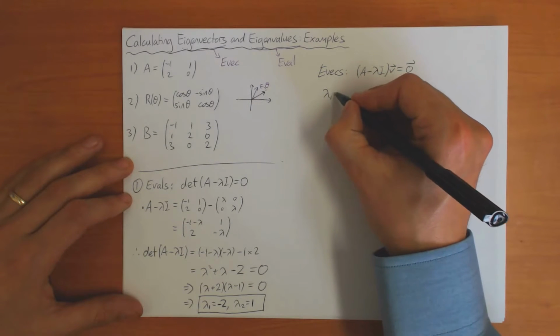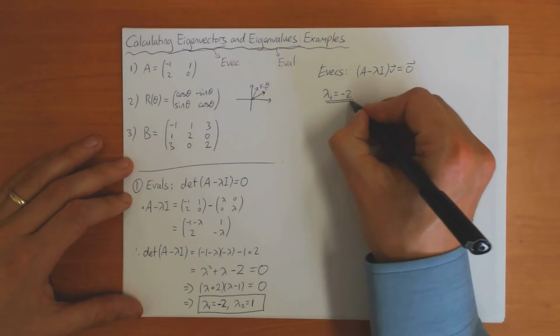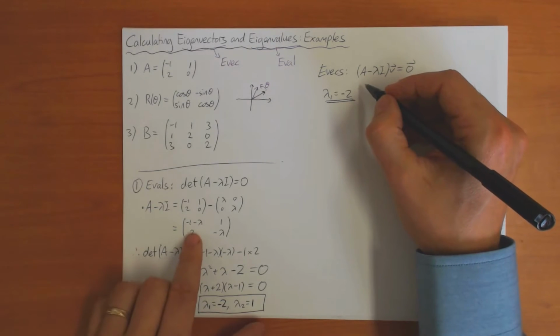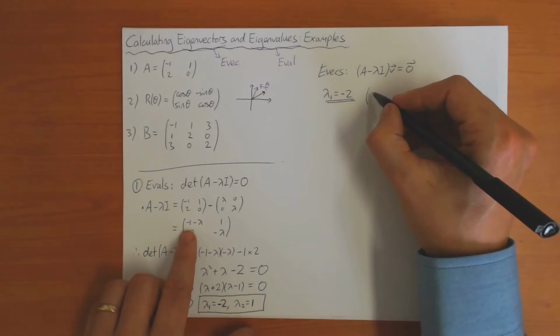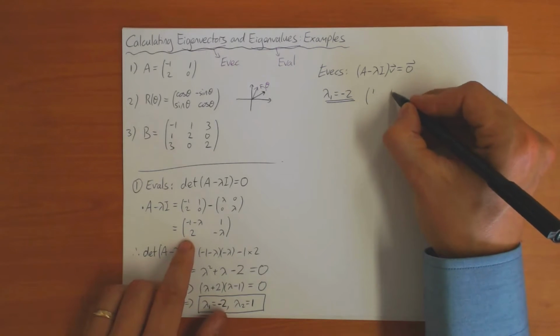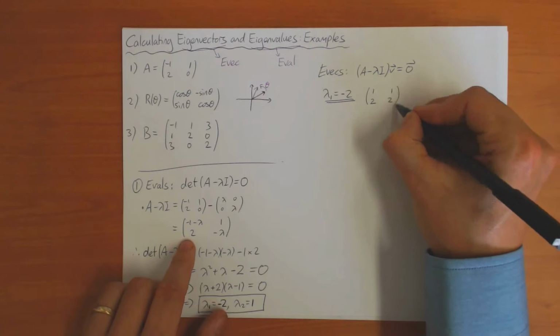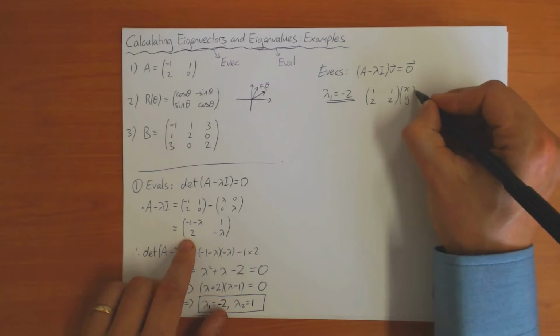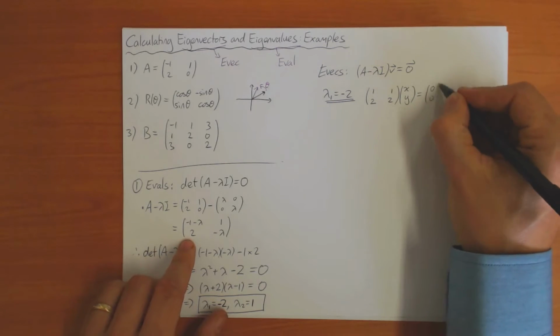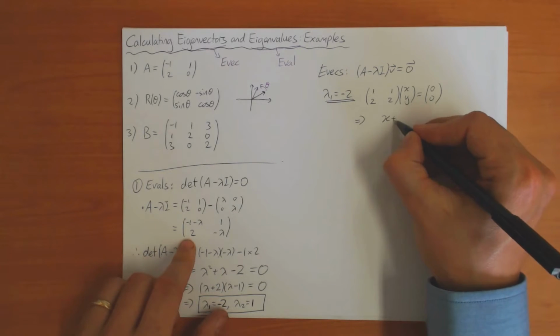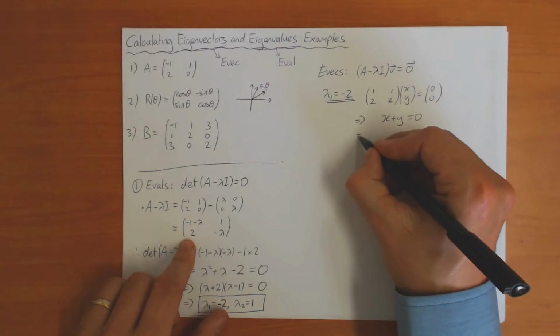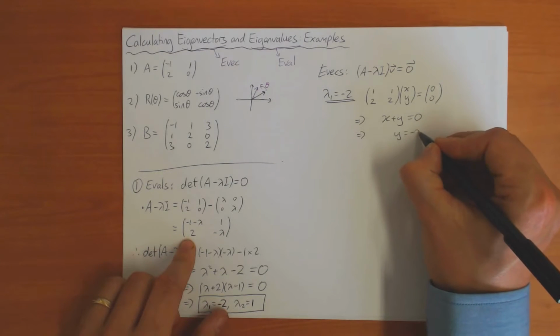So the first eigenvalue we got is minus 2. If I put lambda equals minus 2 into this equation, we get [1, 1; 2, 2], and let's say v is (x, y), and this should be equal to (0, 0). You see that again gives you just one equation. x plus y is 0, so y is minus x.